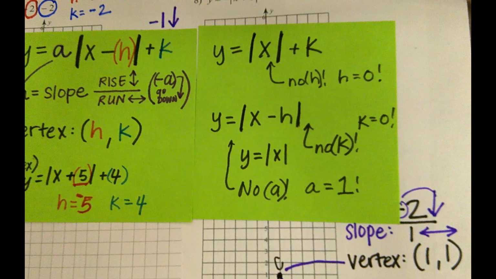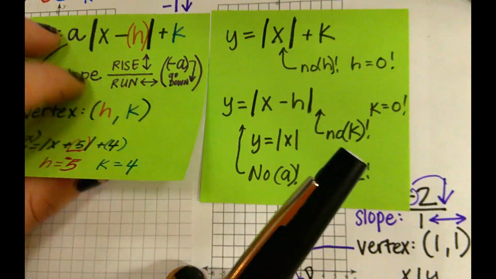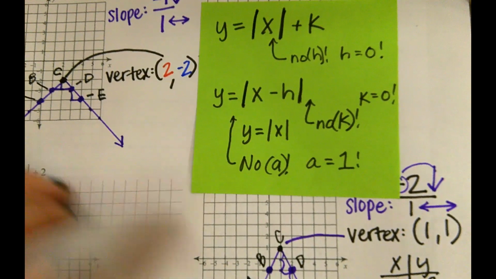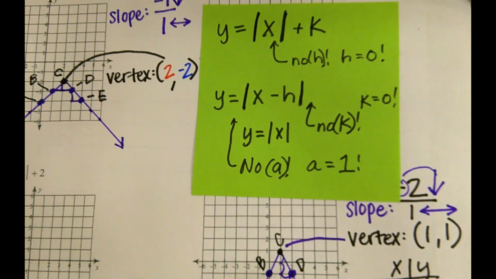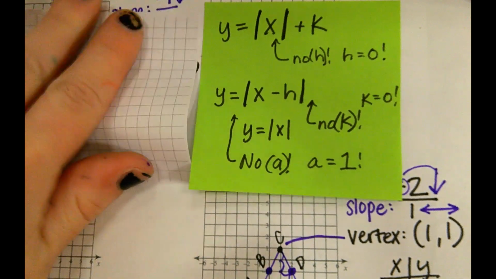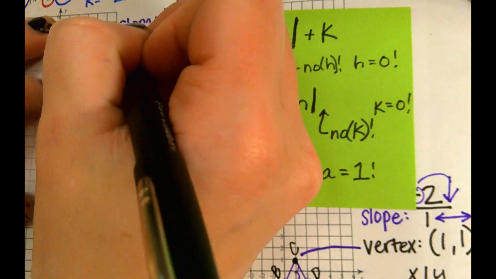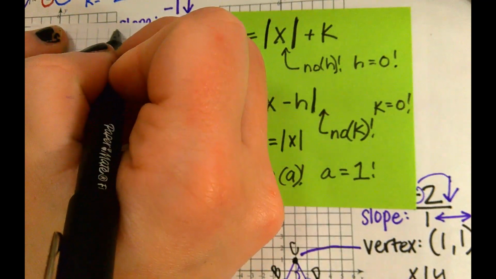Any other questions that we think may be helpful? How do you graph this? Yes. Let's do it. I'll do it right here, maybe, and I will draw a graph.